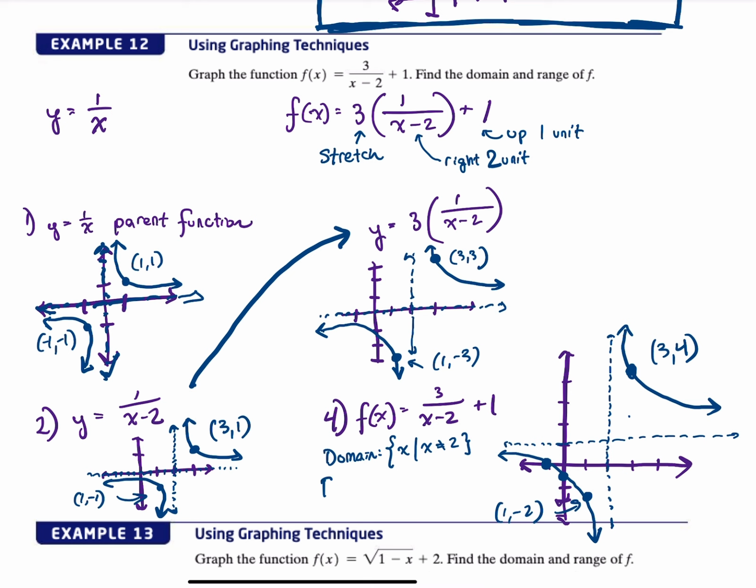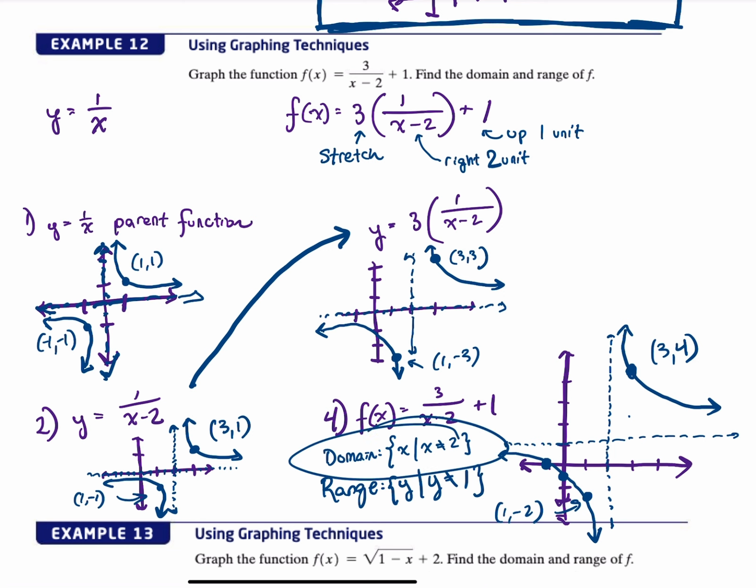And then similarly for the range, it's all y values except for y equal to positive 1, because we have that asymptote. All values y such that y is not equal to positive 1.